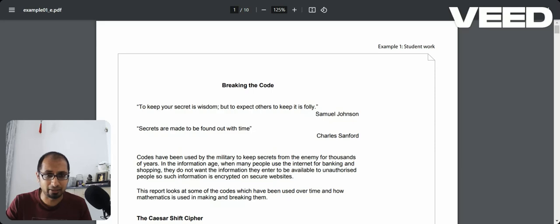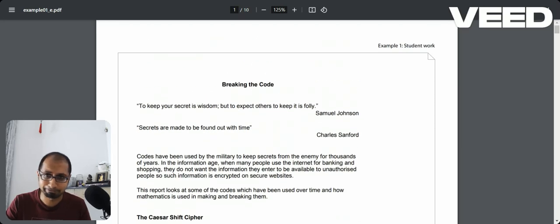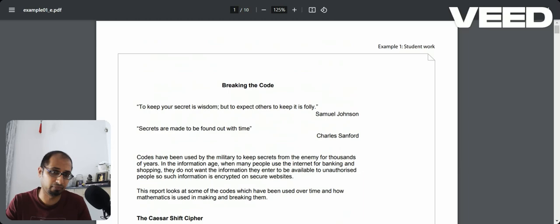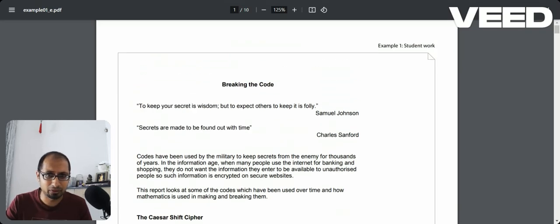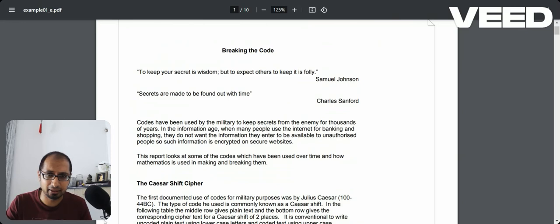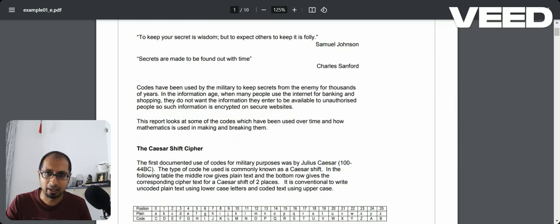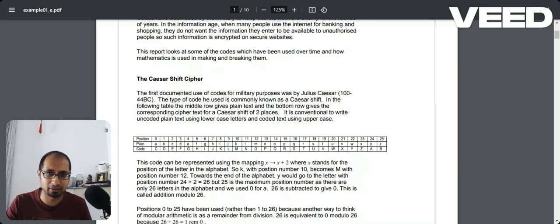So when I look at this one, it starts nicely with codes. But what's missing is actually the introduction. You see that you have two codes here, and then it explains where codes were used in the past. It says here it was used by the military to keep secrets and all that.